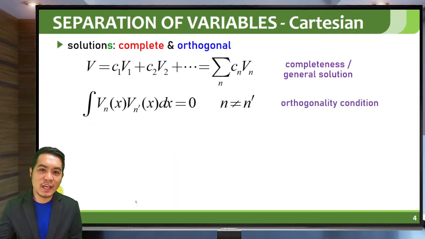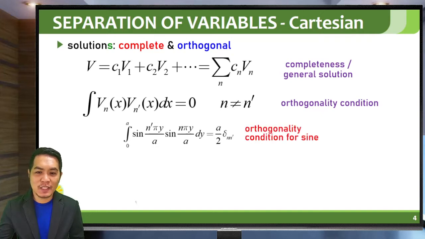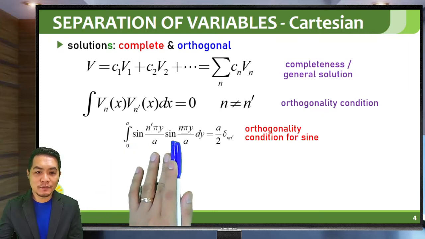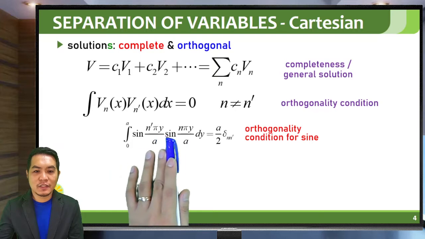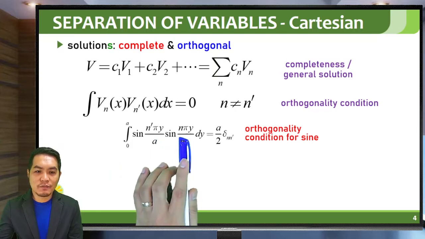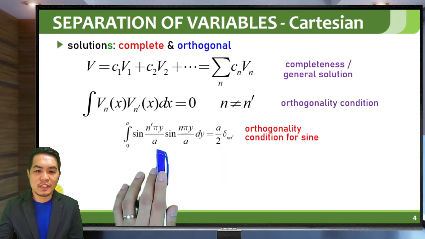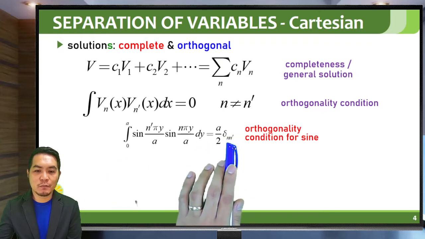So in this lesson, we will encounter mostly orthogonality conditions in sines and cosines. So this is the orthogonality condition for sine. If your potential solutions are sinusoidal, then the orthogonality relation between two solutions is this integral, which is just equal to a over 2, but you have a Dirac delta here.